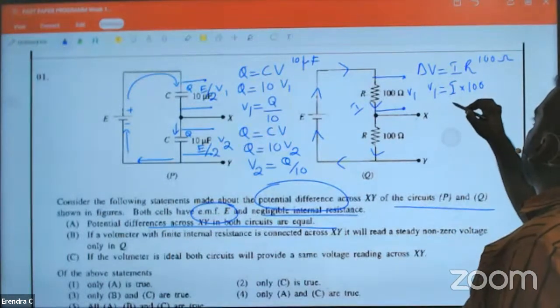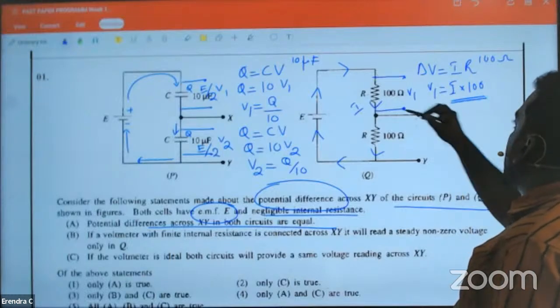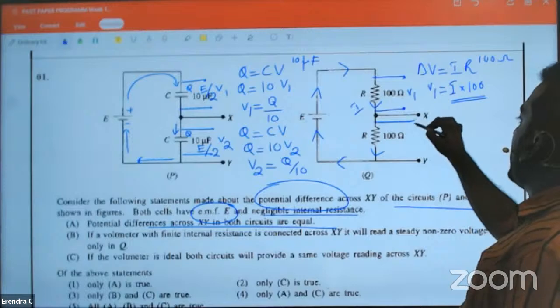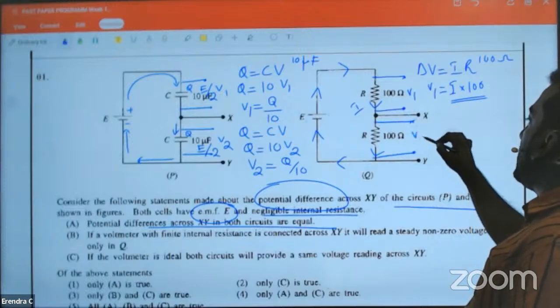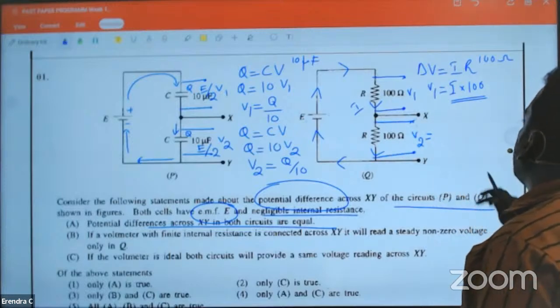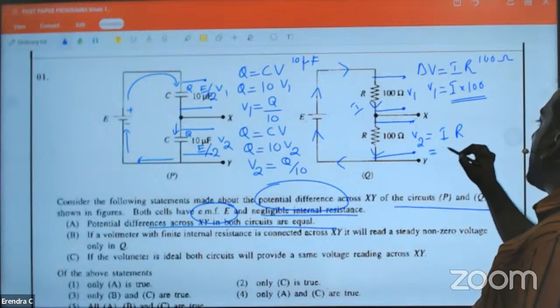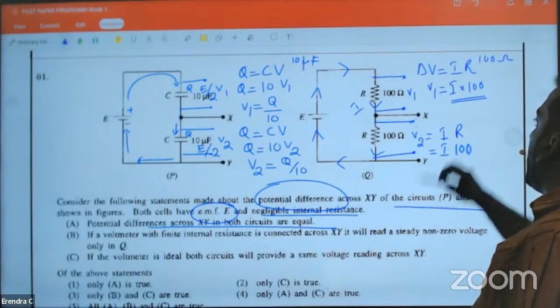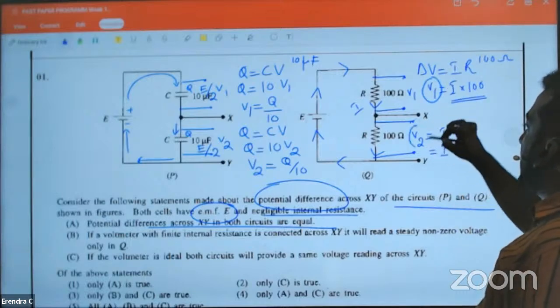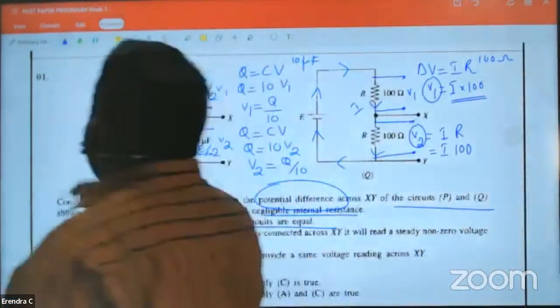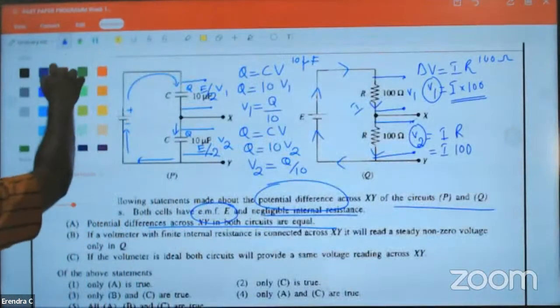What about the potential difference here? I'll take these two terminals as V2. V2 is I times R, R is going to be 100. Same current. Now what can you say? V1 and V2 both are 100I.